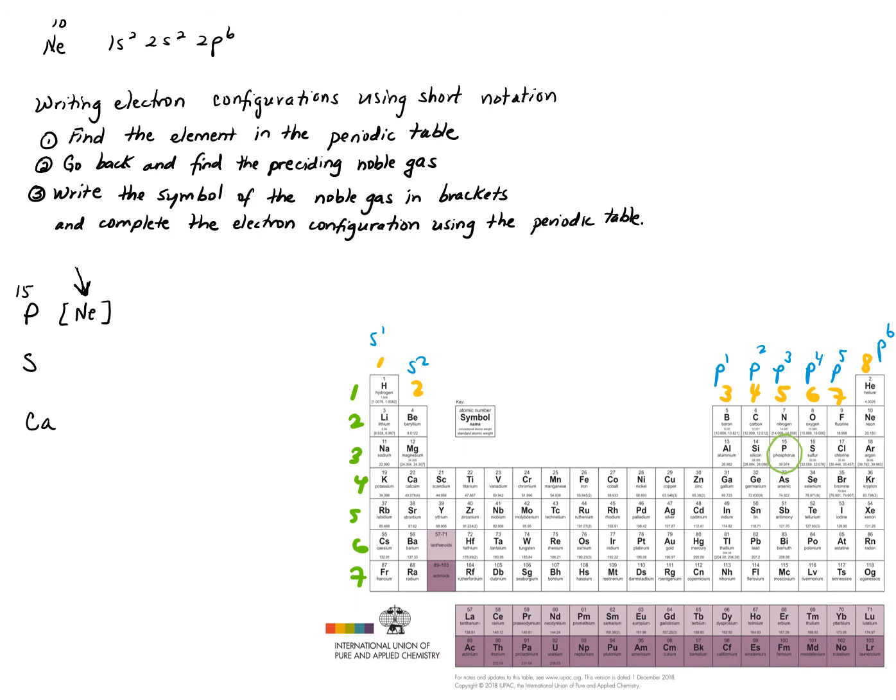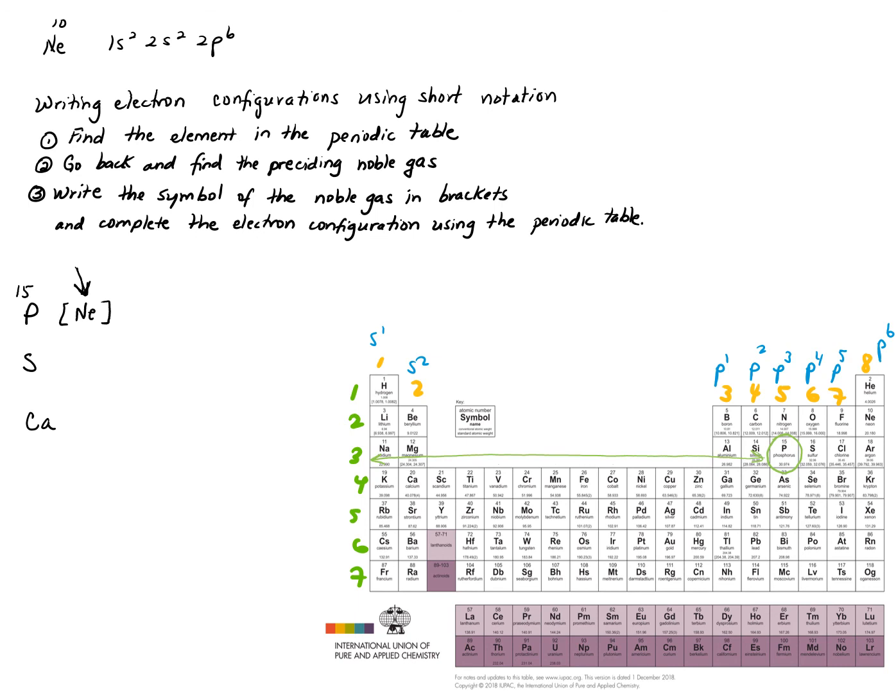Phosphorus is in period 3 on the periodic table, right here, period 3, on the right side of the periodic table. To get all the way to 15 from 10, neon 10, look at what we're passing through. 3s2, 3p3.